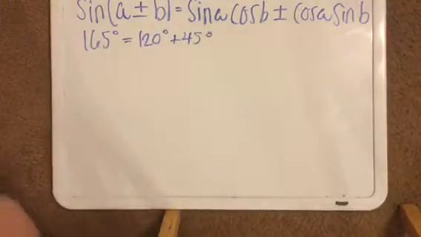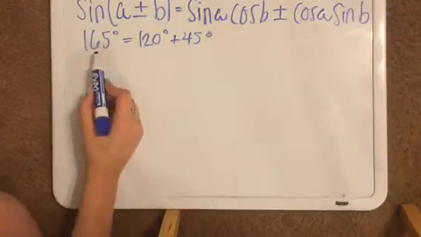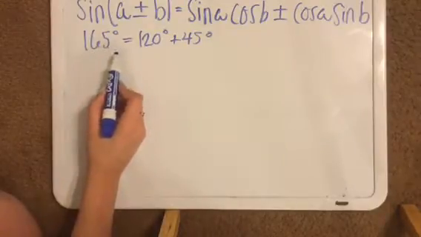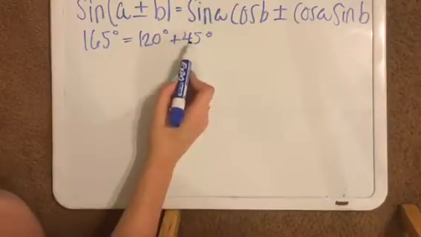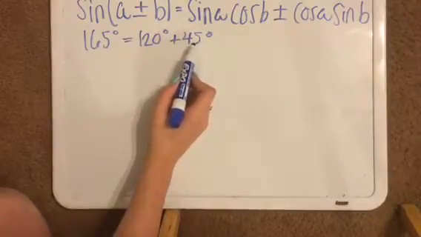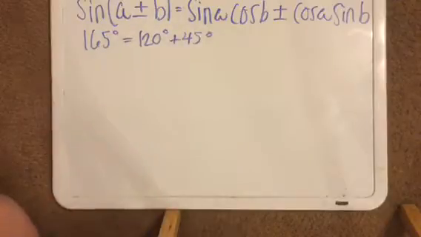Since 165 is not on the unit circle, that is why I'm using 120 plus 45, because they're both on the unit circle and add up to 165.